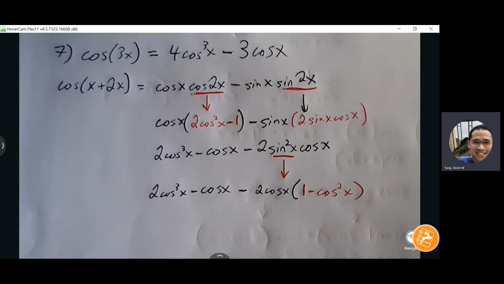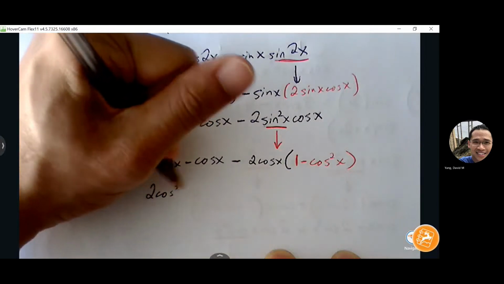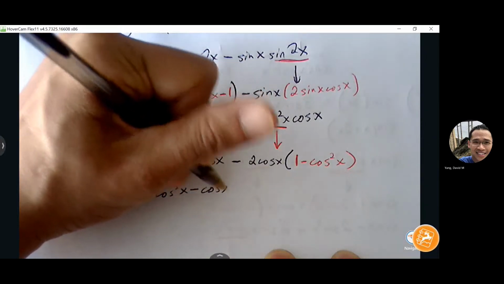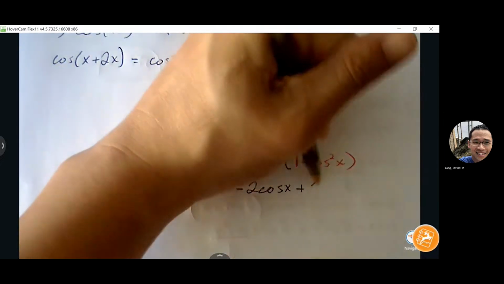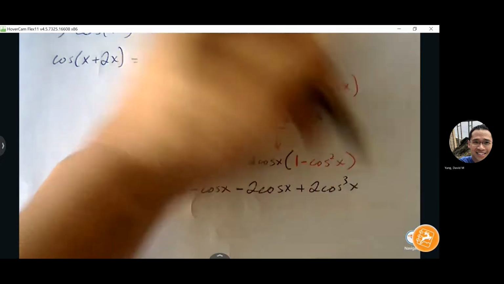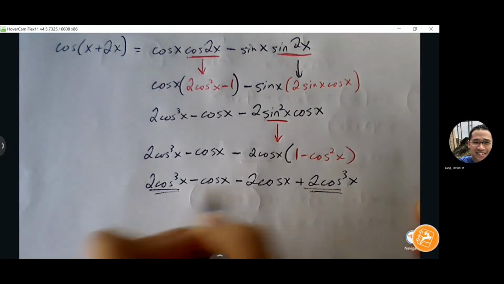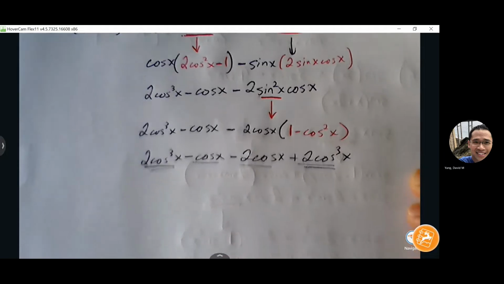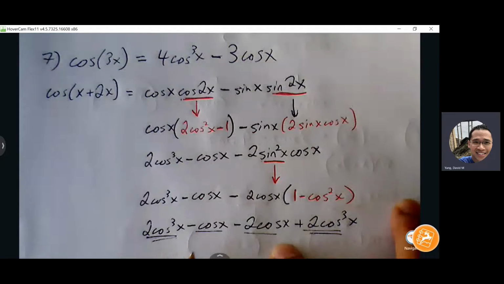Just distribute once. Okay, like terms. 4 cosine cubed x minus 3 cosine x. There we go.